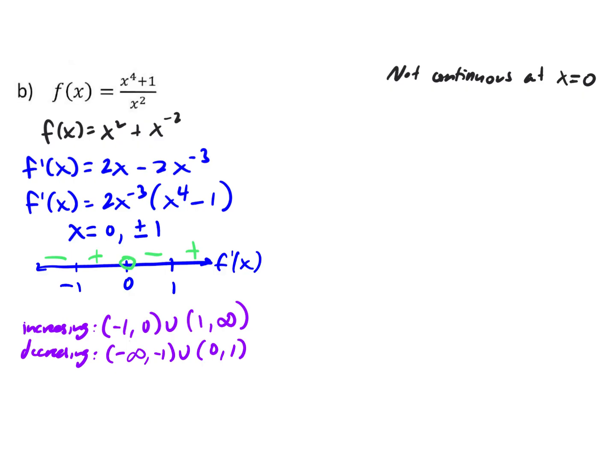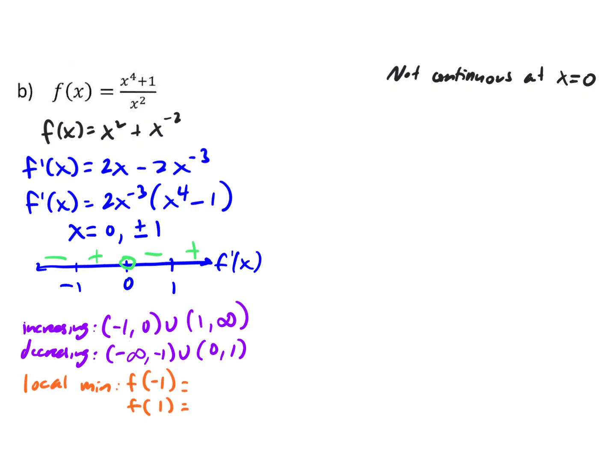The mistake that kids will make is you'll say there's a max right here, because you go from positive to negative. There's not a max here. There is literally nothing here. So in this case, I have a min and I have a min. I do not have a max. So I have local min at f of -1.